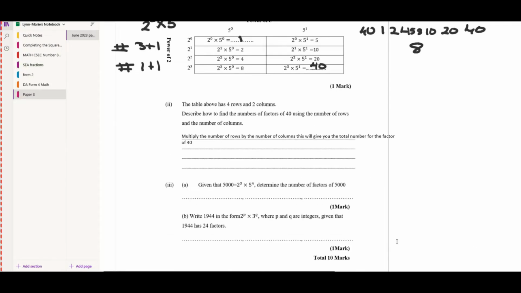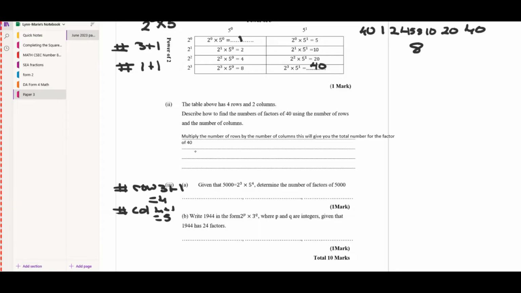To determine how many rows there are, let's write this down. The number of rows would be 3 plus 1, which is equal to 4. And the number of columns would be 4 plus 1, which is equal to 5.